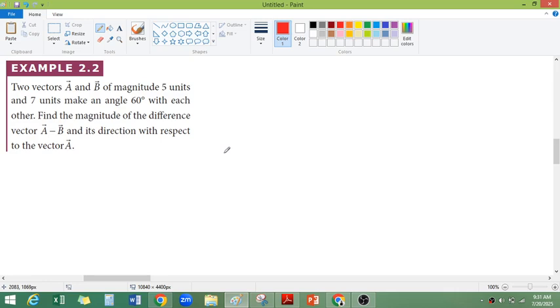Two vectors A and B of magnitude 5 units and 7 units make an angle 60 degree with each other. Find the magnitude of the difference vector A minus B and its direction with respect to the vector A. Very similar to the previous one.